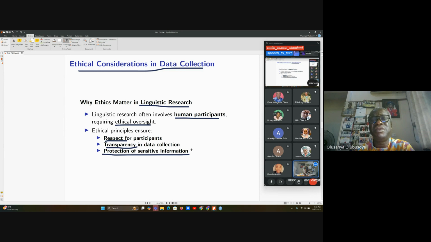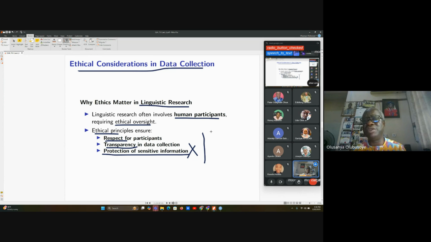So you don't expose whatever secret they offer to give you when you are collecting the data. You can be sued. So always ensure ethical standard. Ensure that the data they provide are anonymized.